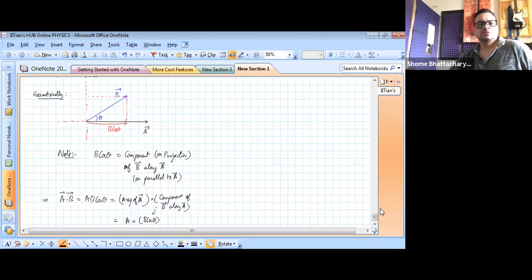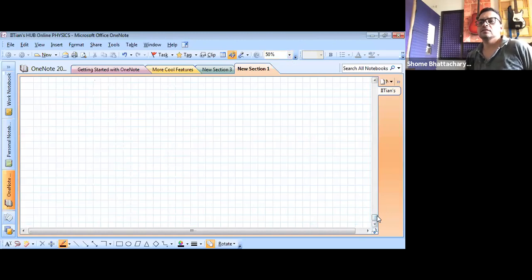Okay, Pratnesh and Somarup, is this clear now? Okay, good. That is the reason why we take the definition as cos theta, because we want to find the product of the first vector's magnitude with the second vector's component along the first one. That's right.